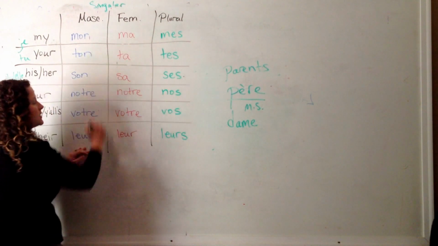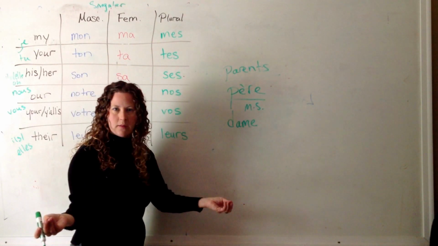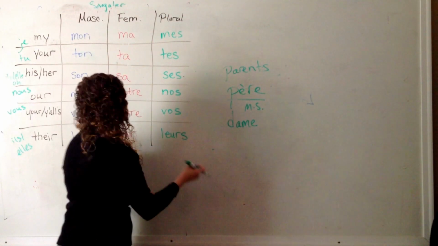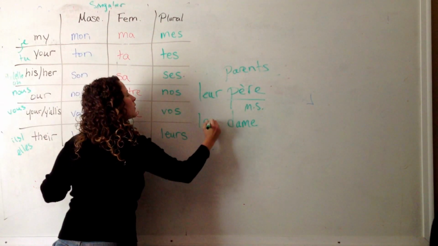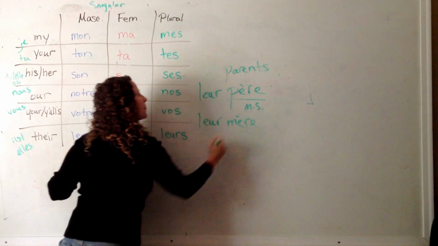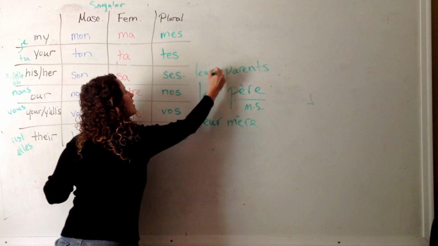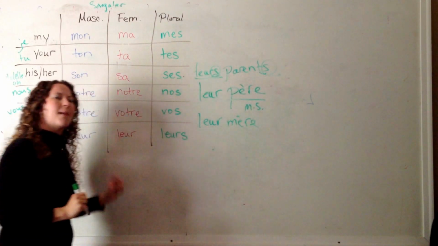So since father is masculine, doesn't matter if it's two girls that are talking about their father. Father is masculine. So leur père, leur dame, or we'll go back to mère. And then, because parents is plural, I need that S to match it.